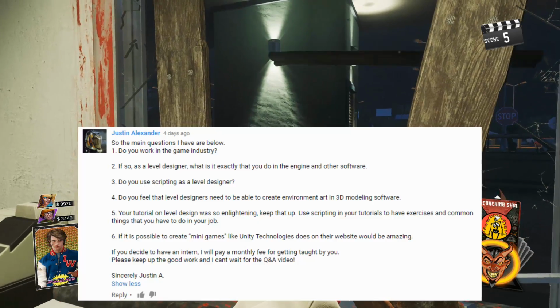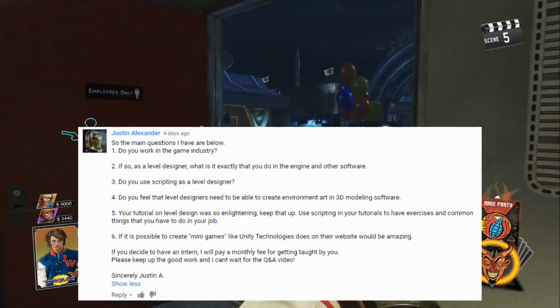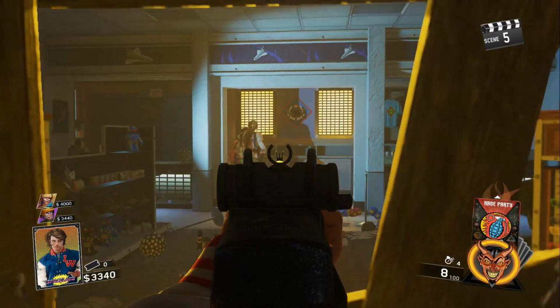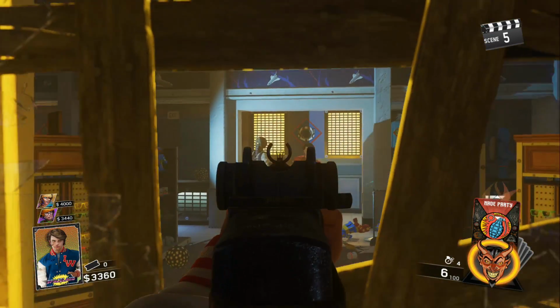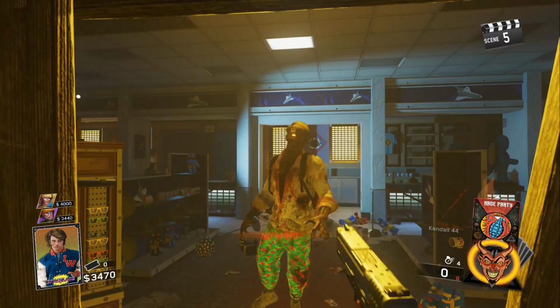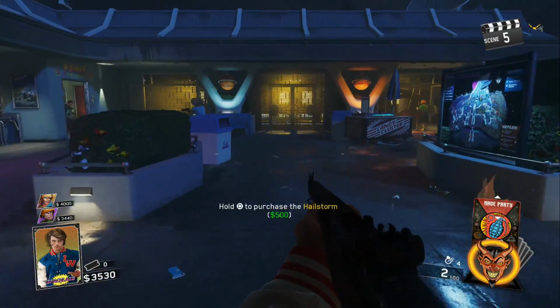And the second question is, as a level designer, what is it exactly that you do in the engine and other software? Basically, what I do in Unity when I'm making speed level designs, and level designing in general for my freelancing customers, is that I literally make a level, make a map, plan out how it's going to look, and learn about the game.